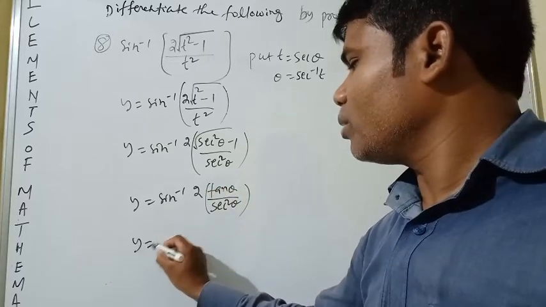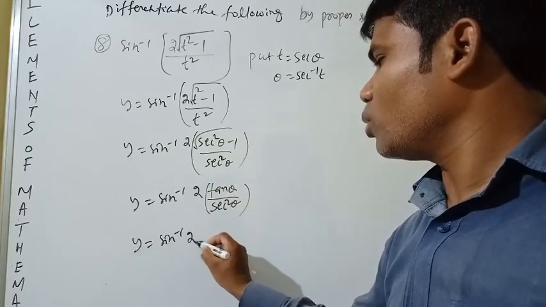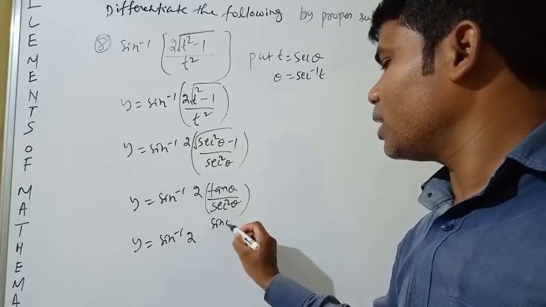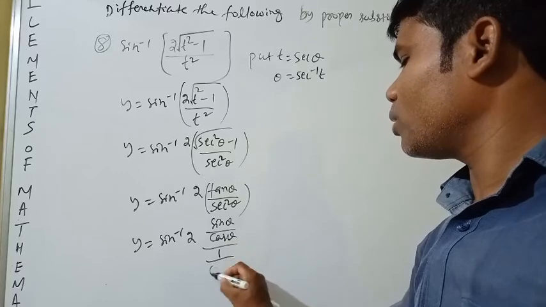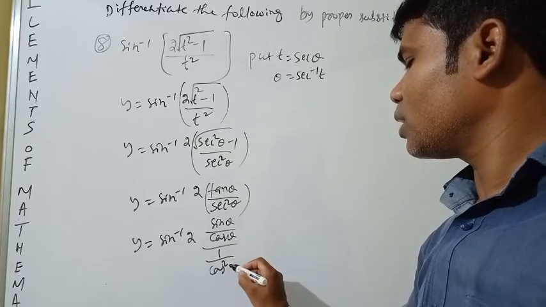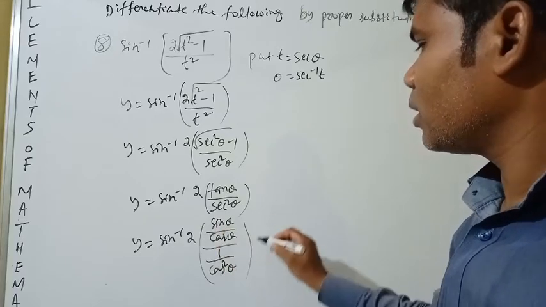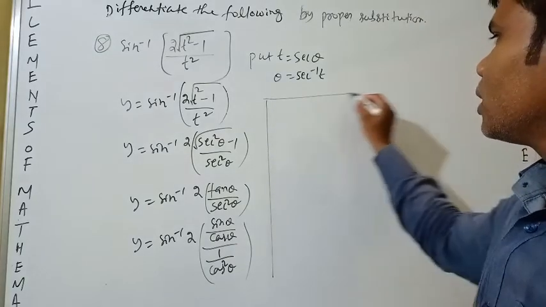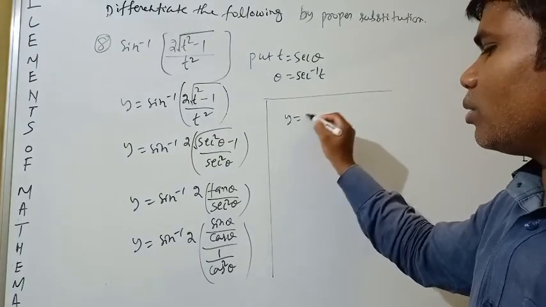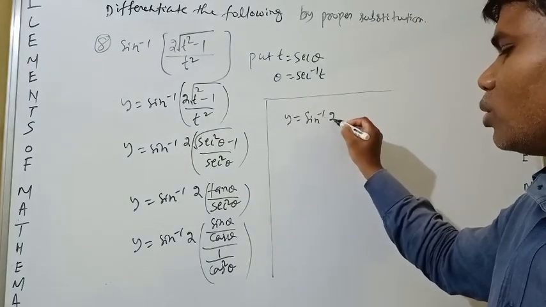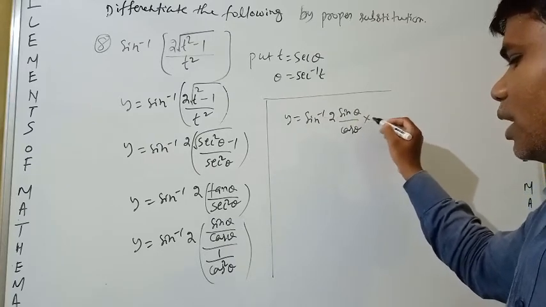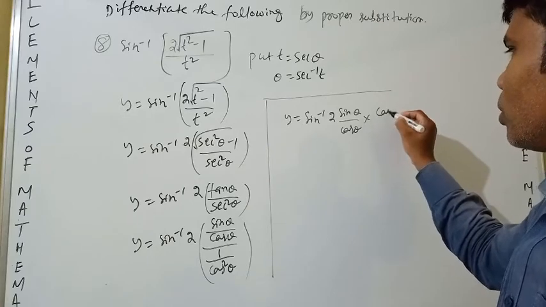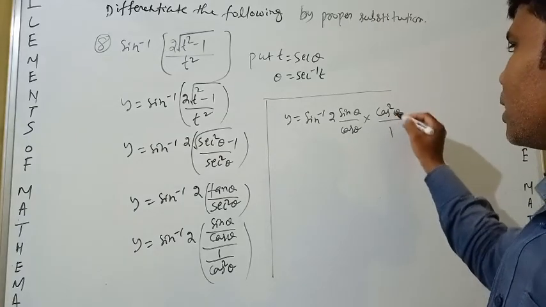Y is equal to sin inverse of 2 tan theta, and tan theta is equal to sin theta by cos theta, sec square theta is equal to 1 by cos square theta. Okay, y is equal to sin inverse of 2 sin theta by cos theta into cos square theta by 1.